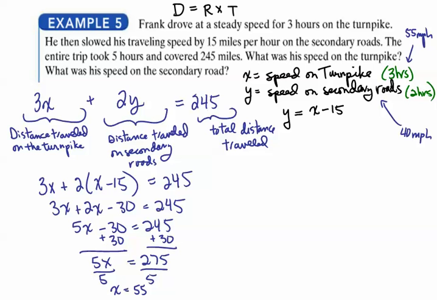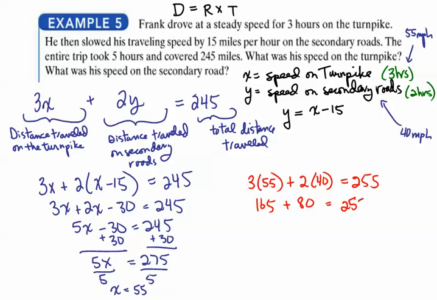How would we do that? Well, 3 times 55 gives us the distance traveled on the turnpike. 2 times 40 gives us the distance traveled on the secondary roads, and that has to come out to be 255. 3 times 55 is 165. 2 times 40 is 80.